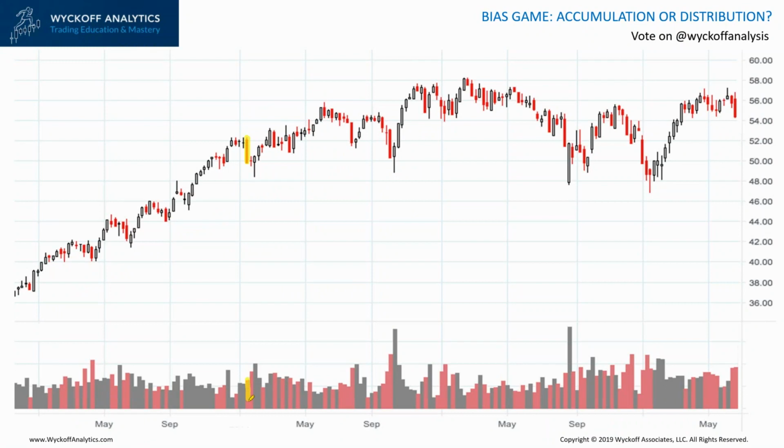And it happens on kind of mediocre volume. So it's somewhat slightly above average. We would probably be thinking that this not strong supply signature would suggest a preliminary supply, one way or another, whether this is a reaccumulation or a distribution.